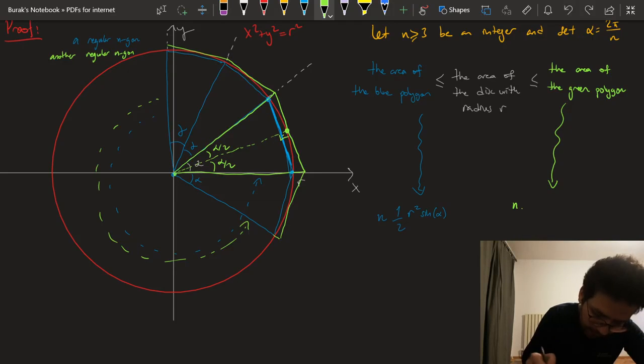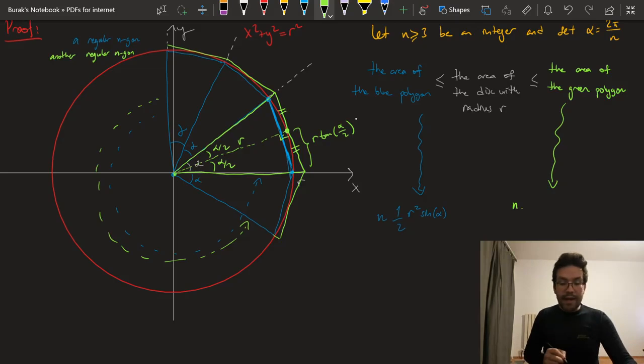This length will be r, because this point is on the circle, which means that this length will be r tangent of alpha over 2, and these are equal to each other.